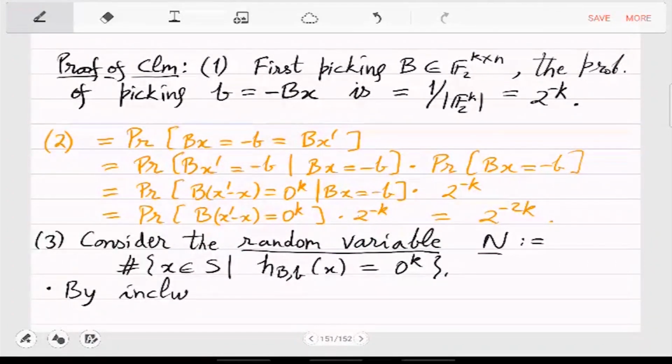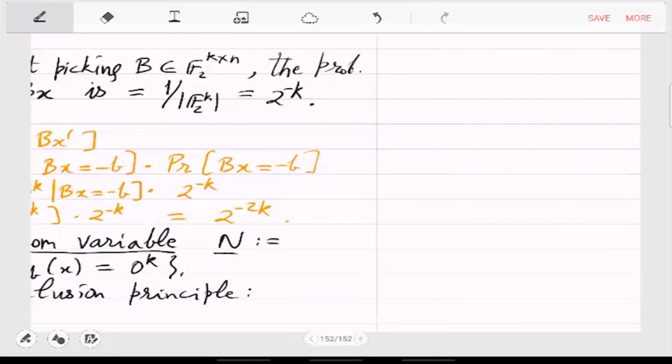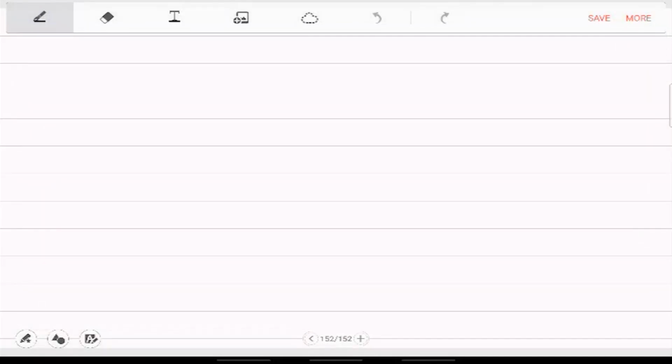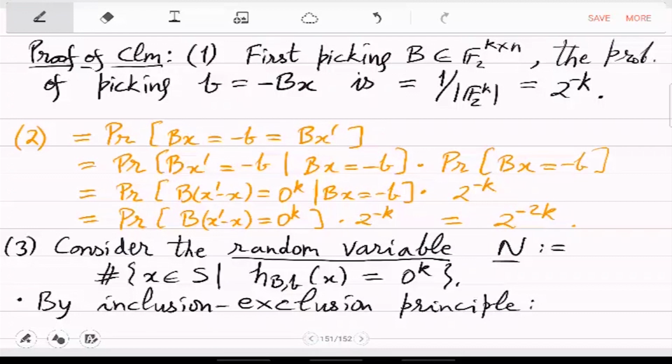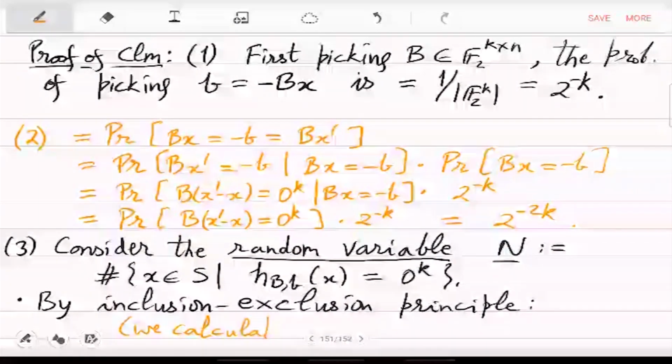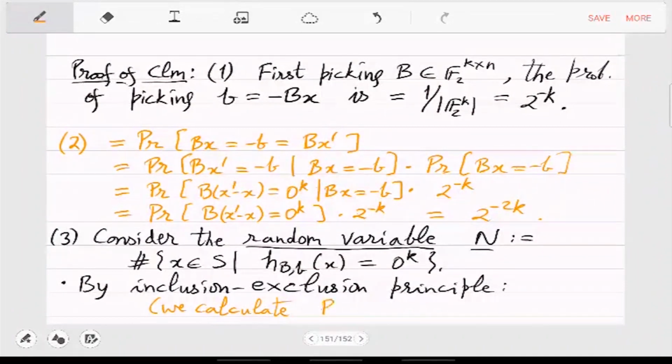By inclusion exclusion principle, we will calculate the probability that n is greater than or equal to 1 and that n is greater than or equal to 2, then we can take the difference.